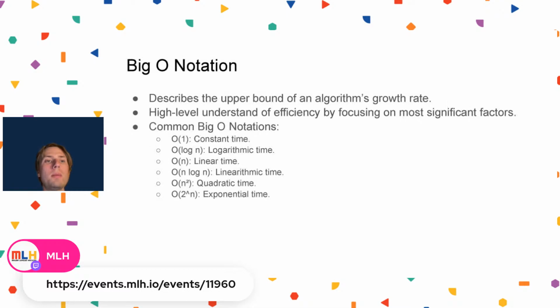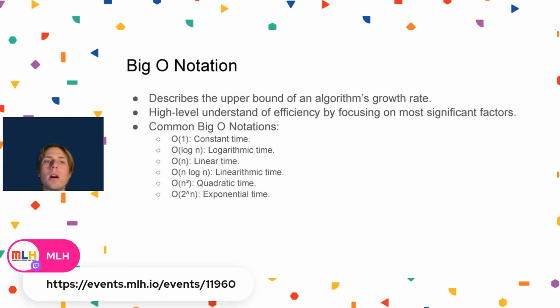So we will talk about Big O notation in this, which describes the upper bound of an algorithm's growth rate. It's a high level understanding of efficiency that we get by focusing on the most significant factors in the program. Okay. So here are some common Big O notations.